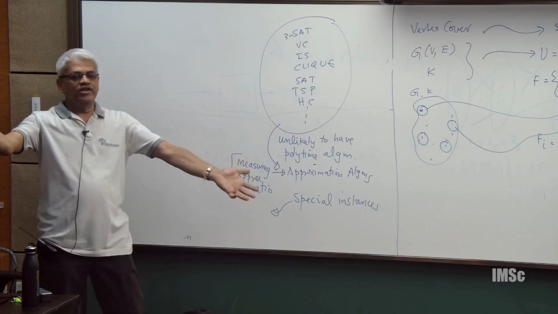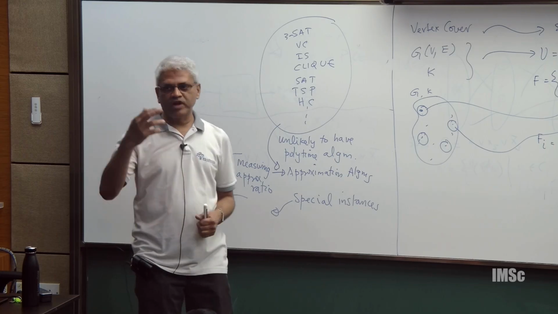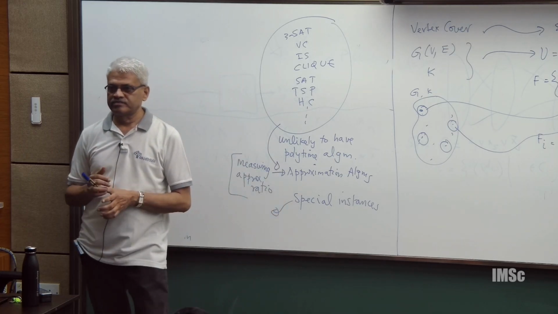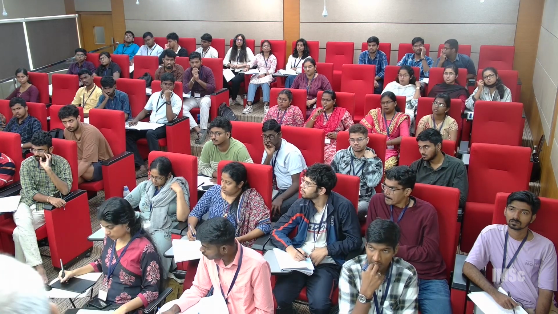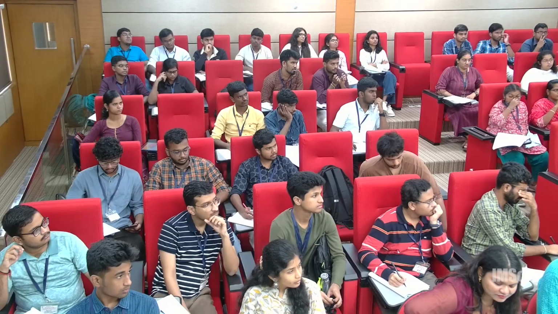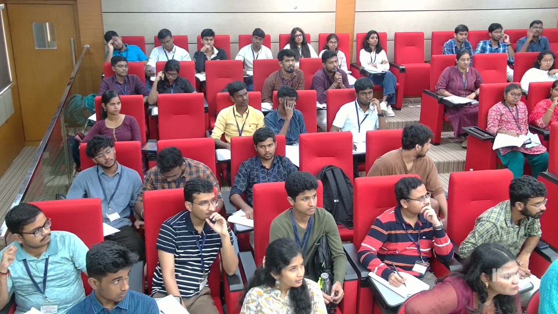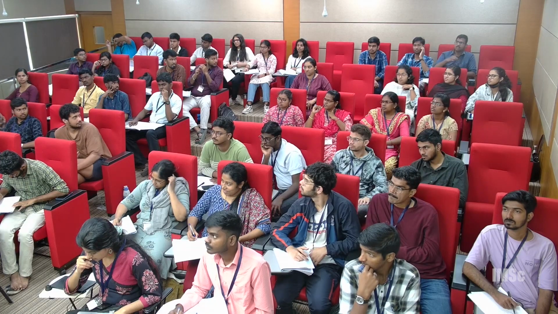So now suppose I tell you my graph is bipartite, I want to find the maximum clique in the graph. How do you find the maximum clique in a bipartite graph? The answer is 2. Why?